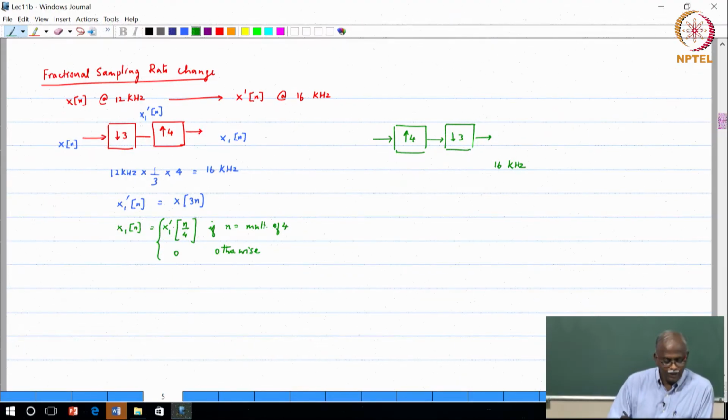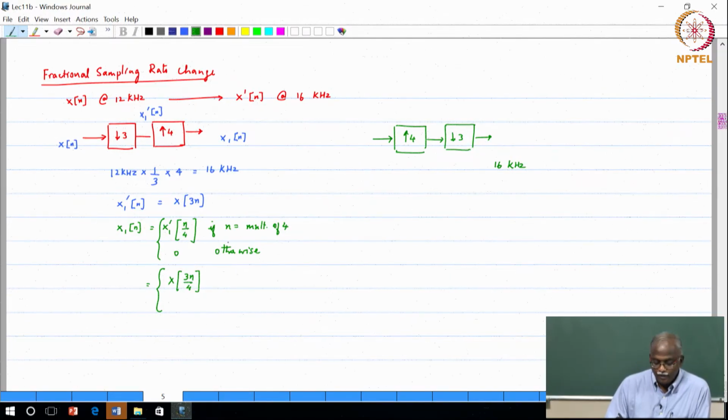Now, can you rewrite for me the expression for x1 prime of n? x1 prime of n is equal to x of 3n. So, x1 prime of n by 4 will be x of 3n by 4, whatever is the argument multiplied by 4.